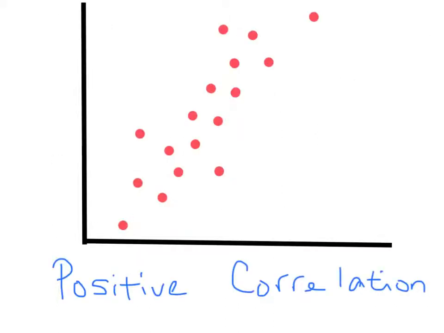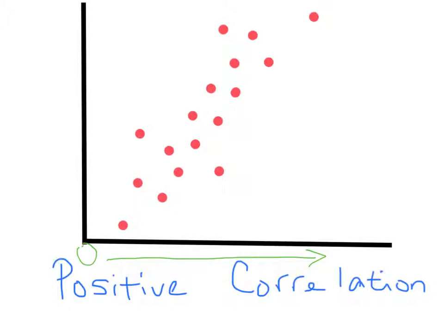There are 3 types of scatter plots. The first type is a positive correlation. Correlation means association, how they are related. Okay, so a positive correlation means that as our x's are going up, our y's are also going up. Remember, this is 0, and our x's get bigger as we go to the right.